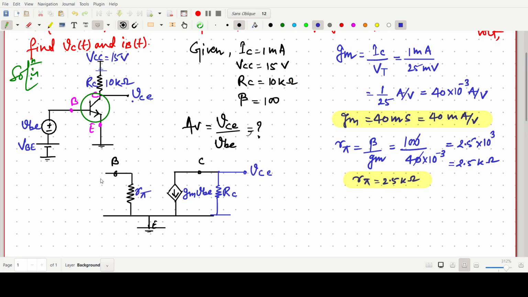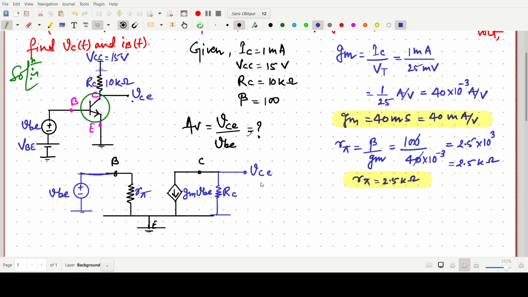In addition to that, for the AC analysis, this VBE source we have to make short, and this should be the plus of our VBE.